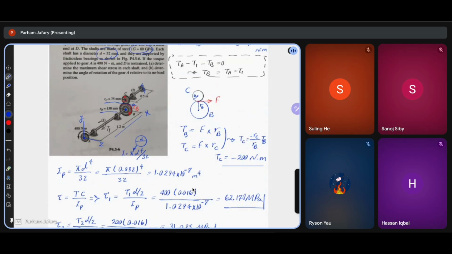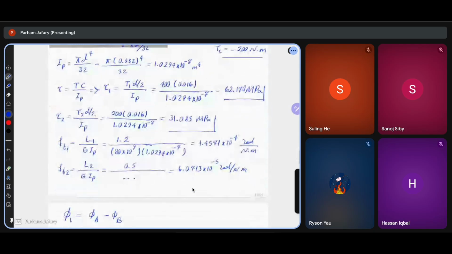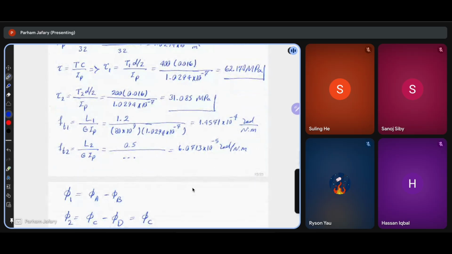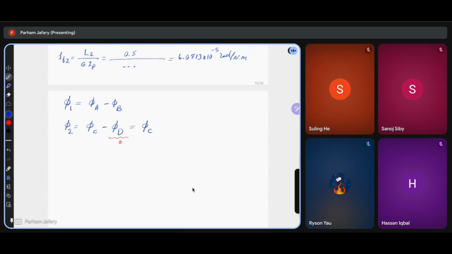So we came up with an equation between their torques and their radius. So similarly, we can come up with an equation for their deformation. I'm just gonna draw them again.